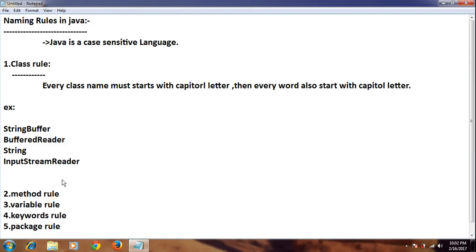And one more is the method rule. Method rule means method names initially start with small letters, then every word starts with a capital letter.